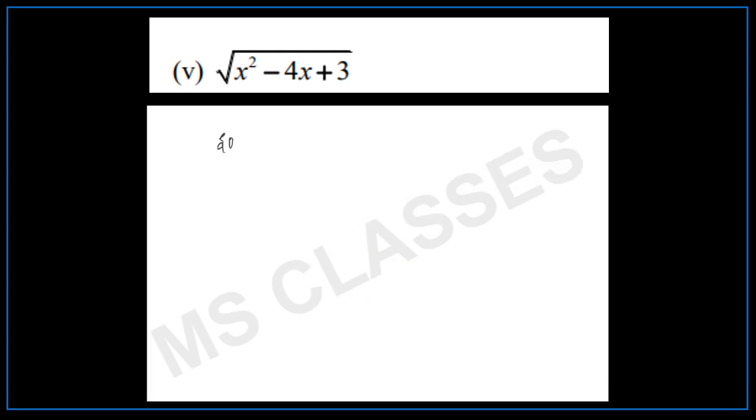So the given function is not defined when x belongs to open interval 1, 3.